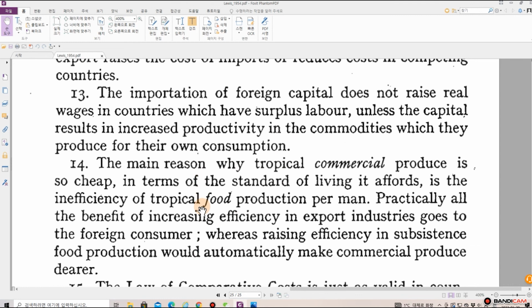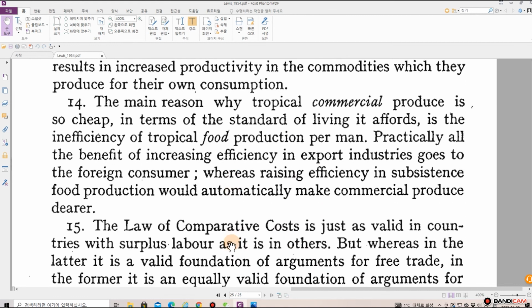The importation of foreign capital does not raise real wages in countries which have surplus labor, unless the capital results in increased productivity in the commodities which they produce for their own consumption.